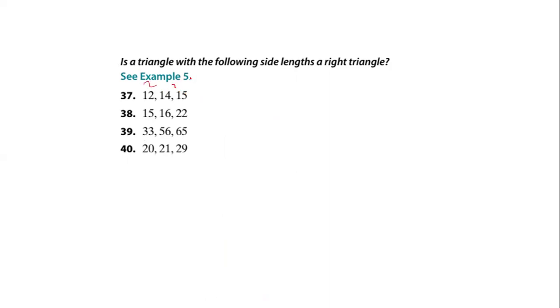Take the square of all sides. For example, its square is 144 and its square is 196. 14 into 14, 196. Okay, 196, and this 15 square is 225.